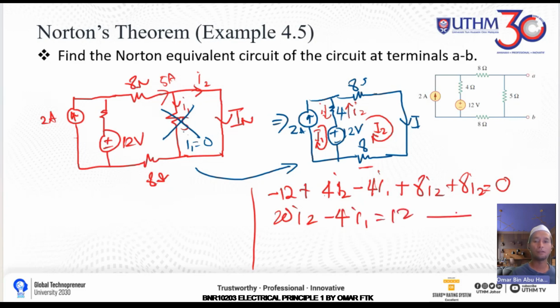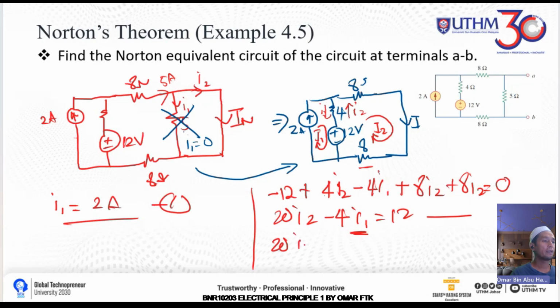Okay, so this is one equation. And then for I1, actually, I1 is equal to 2 ampere. It's always 2 ampere because you already have the current source here. So you know the current I1 is equal to 2 ampere. That means you can replace I1 in here.